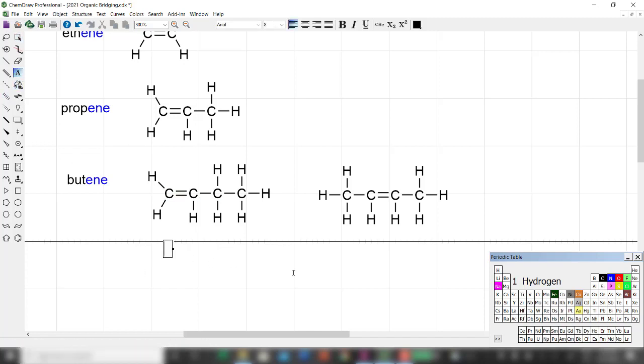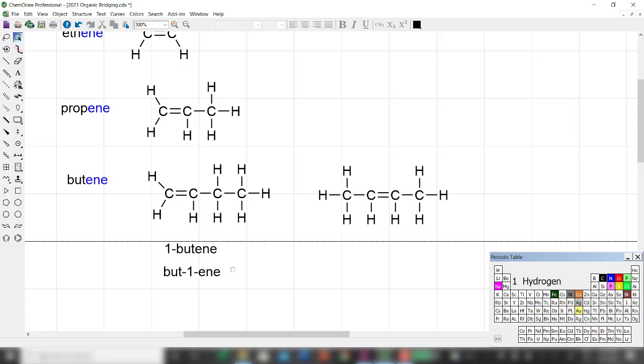So we give it a name. We call it 1-butene, or we can name it in a slightly different way, but-1-ene. The 1 indicates the position of the double bond, which it is first bonded to.